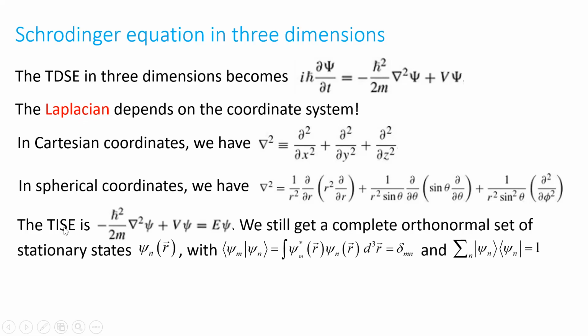But the one we solve is the time-independent Schrodinger equation. And that looks, again, very much like the time-independent Schrodinger equation in one dimension, except again we have this del squared, the Laplacian, instead of the partial with respect to x squared, or in this case d dx squared, because there's only one variable here.